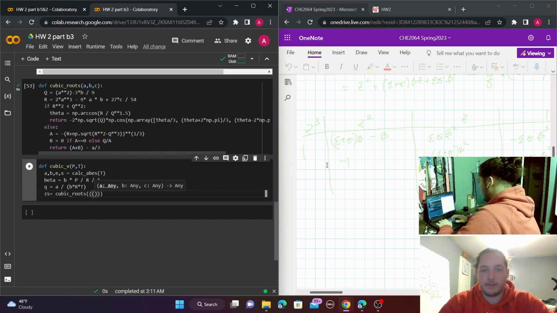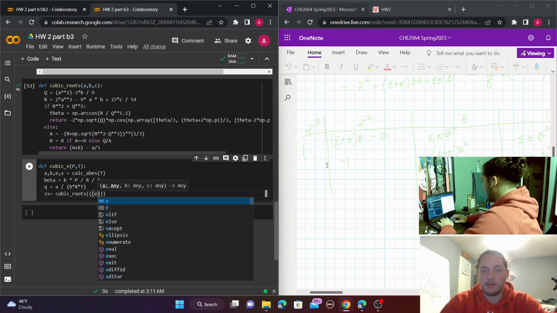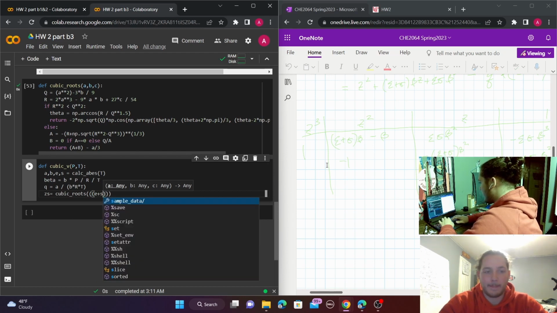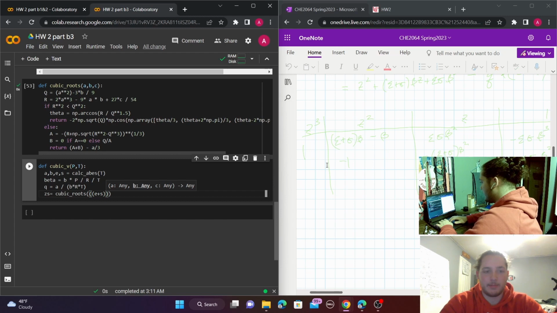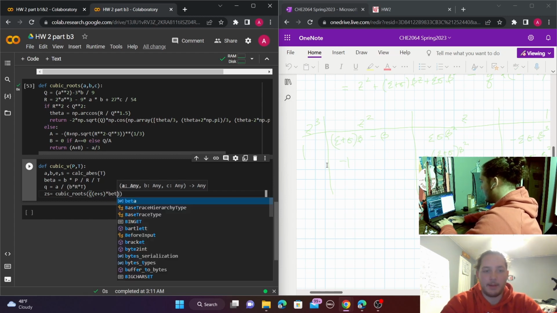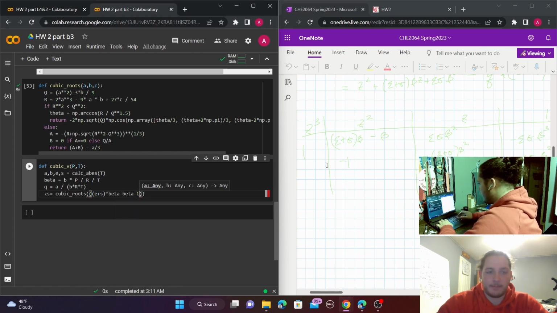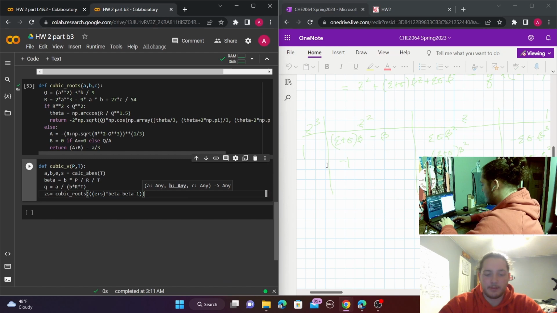So then we are going to have epsilon plus sigma, and that is going to be times beta minus beta minus 1. So that is our first root that we are going to solve.